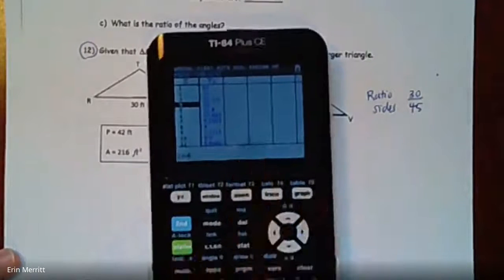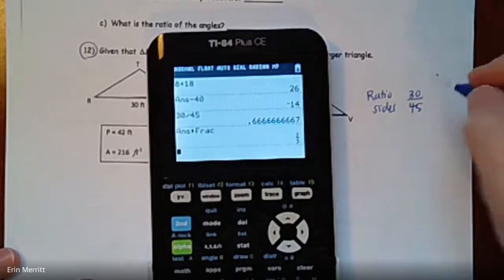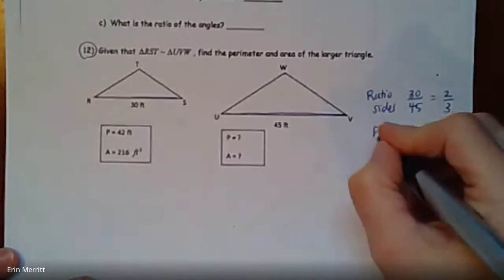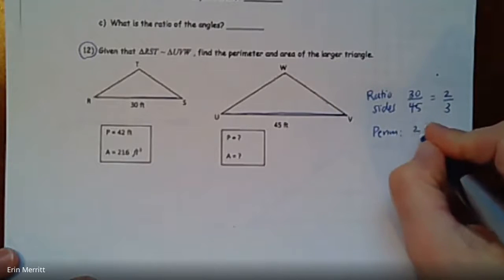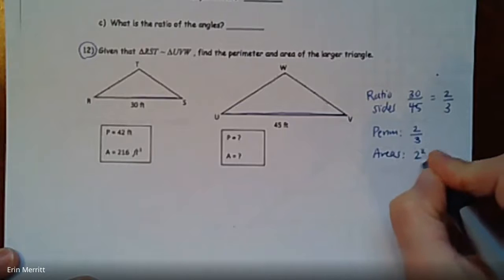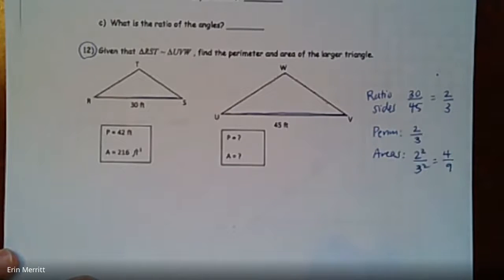Just a little reminder on your calculator, you can do 30 divided by 45, and then math frac. So the ratio of the sides would be 2 to 3. That means the ratio of the perimeters will also be 2 to 3. The ratio of the areas will be 2 squared to 3 squared, or 4 to 9.